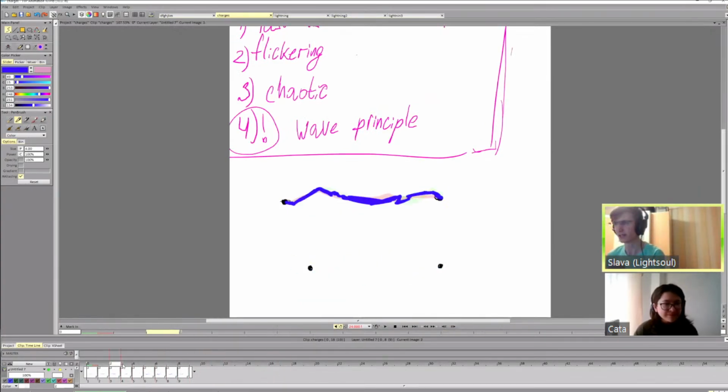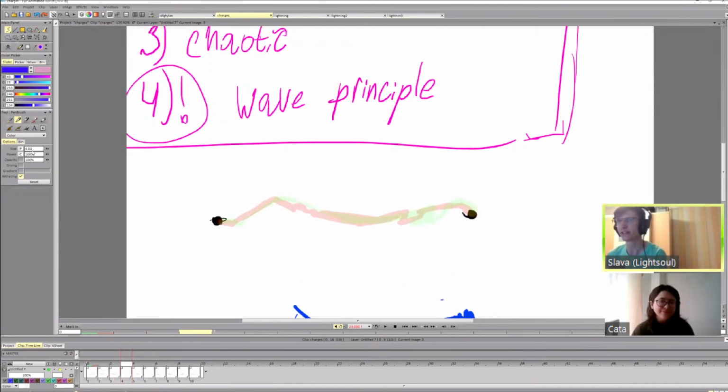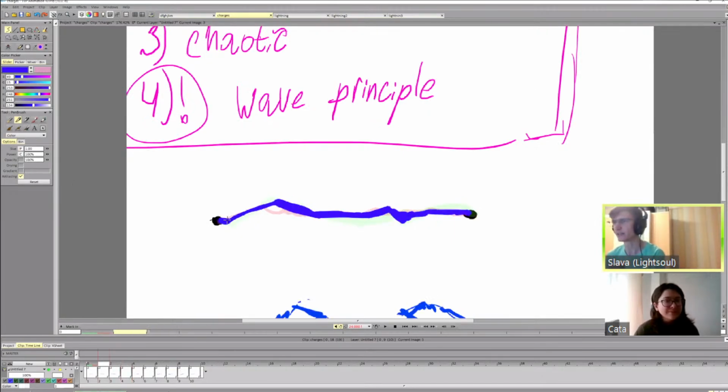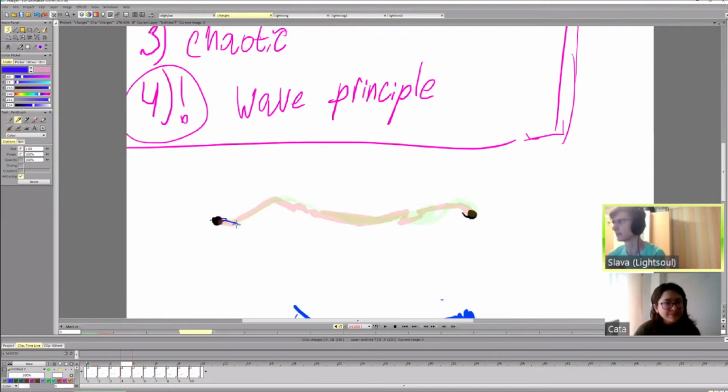And we can add skipped frames, and we can add frames instead of skipping frames. We can make frames that are very thin. So we kind of see the remnants of electricity while it disappears. So instead of doing this, we can add a frame that is pretty close to the previous one. It still moves a bit, and it's pretty thin.